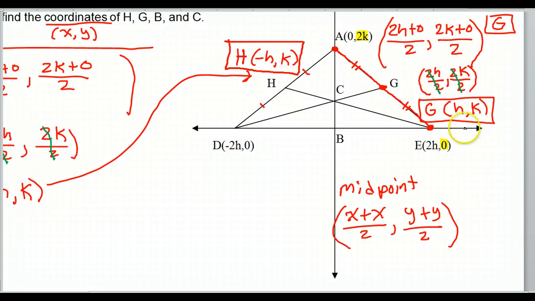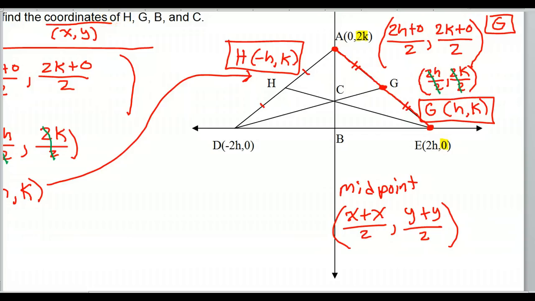Alright, so we found H and we found G. Let's go ahead and find B. Same thing. B is clearly right in the middle between these two sides. We already know that the y value is going to be 0.